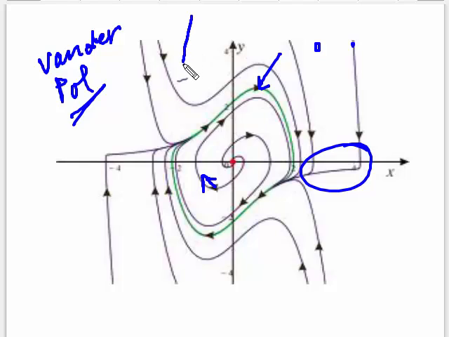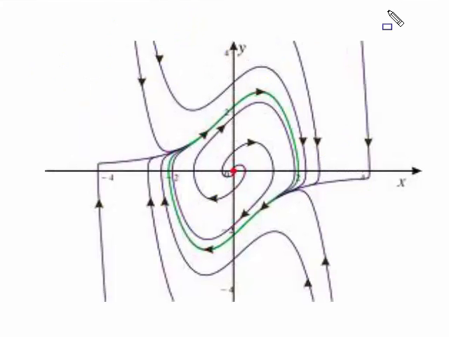And in a tunnel diode, what I'm trying to show you is the tunnel diode characteristics. Again, you don't have to know this, I'm just trying to explain it.